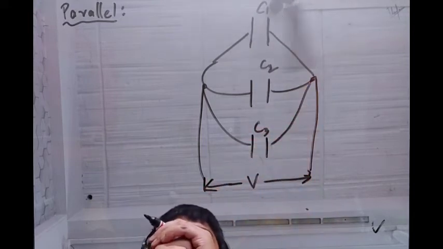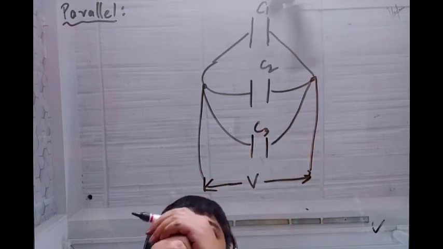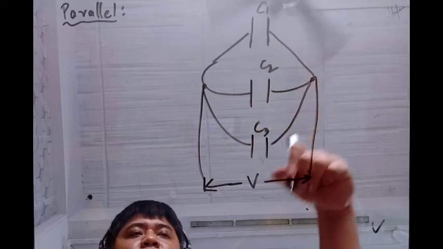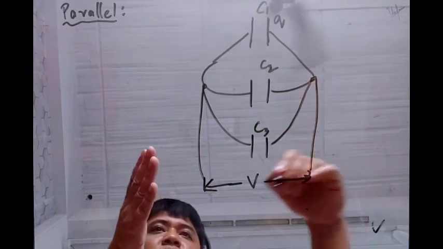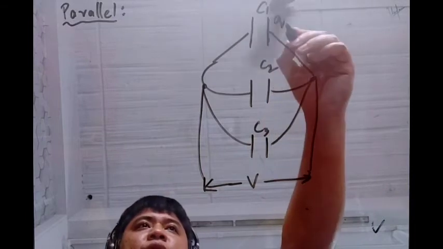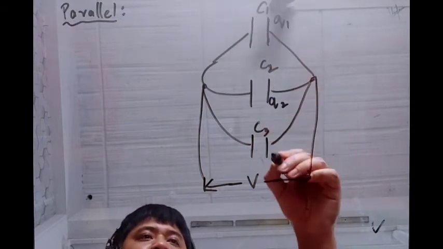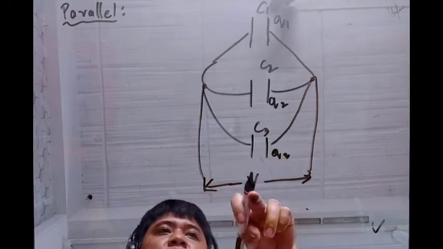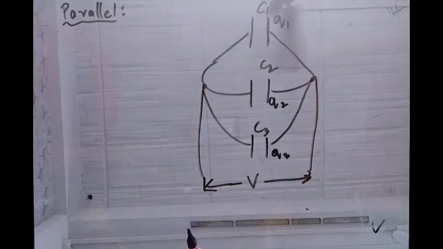Here, they do not get the same amount of charge. As Q is the charge given, C1 will get Q1, this will get Q2, and this will get Q3, but the potential remains the same.